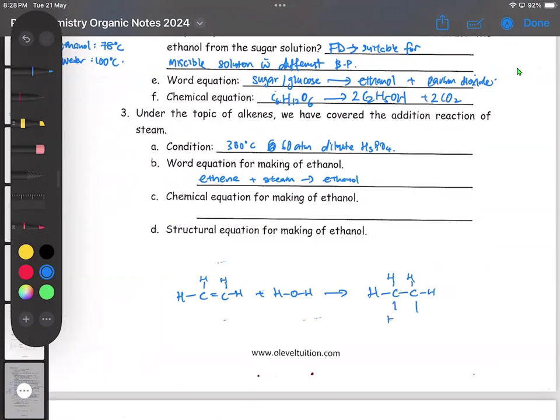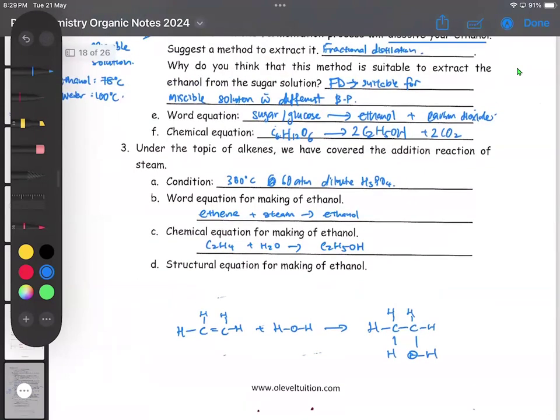And then one takes the H, one takes the OH. So this is the structural equation. The formula here: C2H4 plus H2O to give us C2H5OH. This is addition reaction, nothing much. Yeah, help me jot this down.